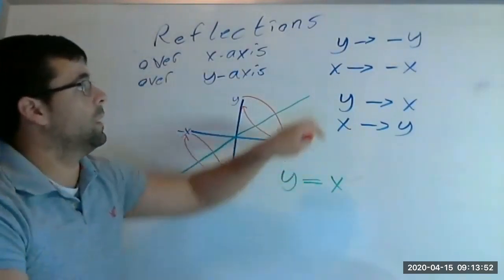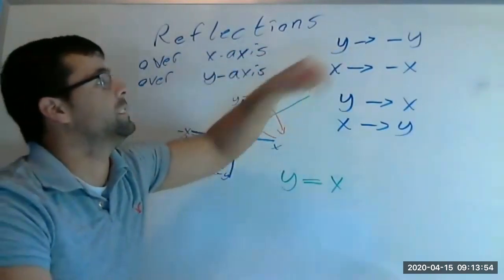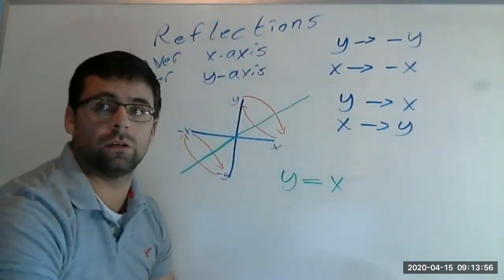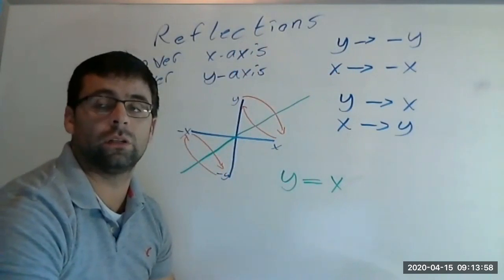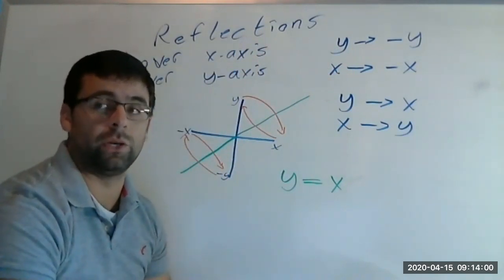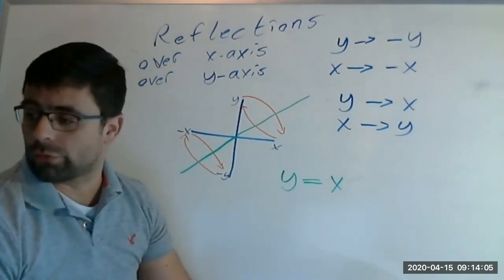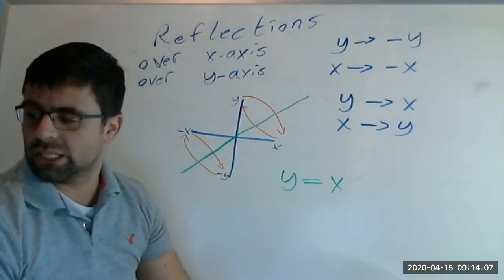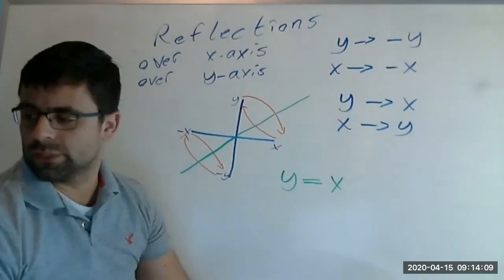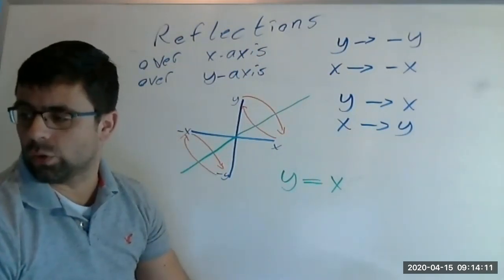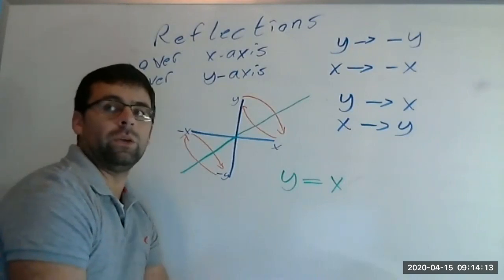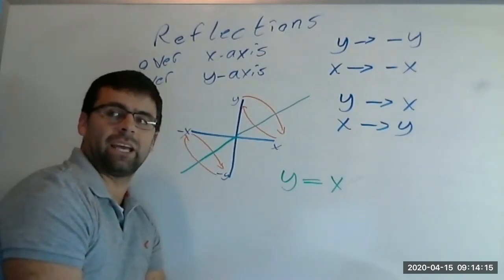So this first one is if you're flipping the graph over the x-axis, mirroring it over the x-axis. The second one is if you're mirroring it over the y-axis. And the last one is if you are mirroring it over the y equals x axis.